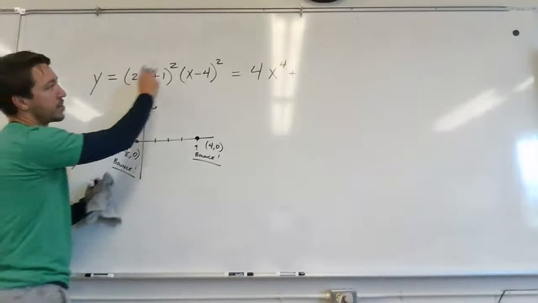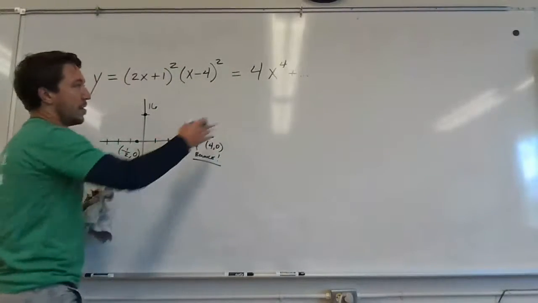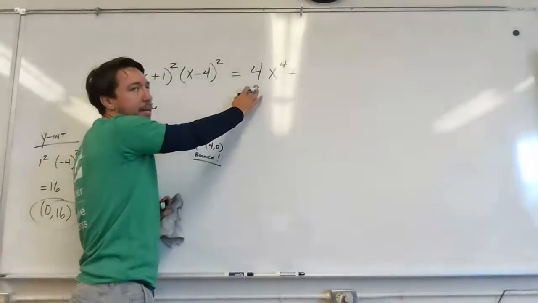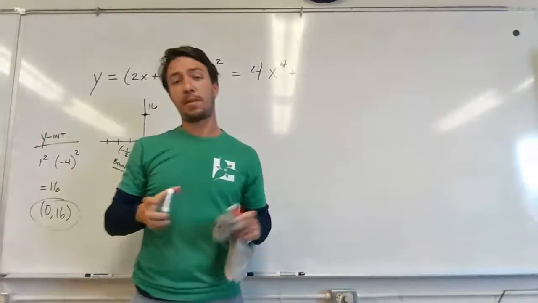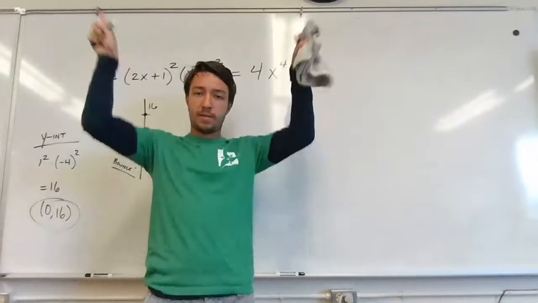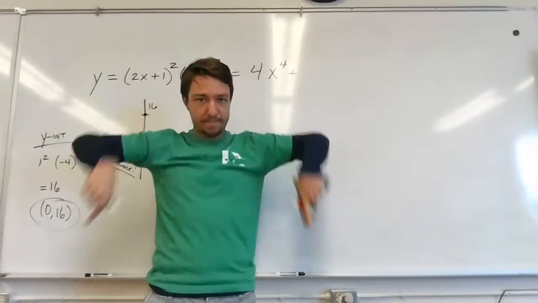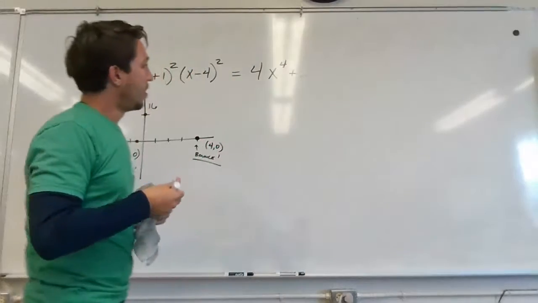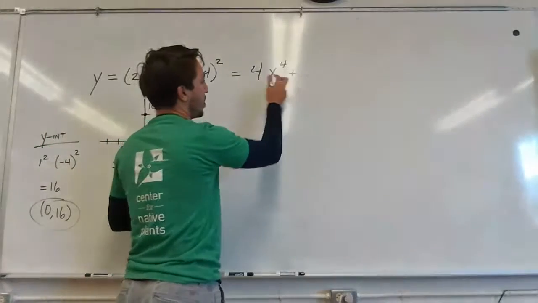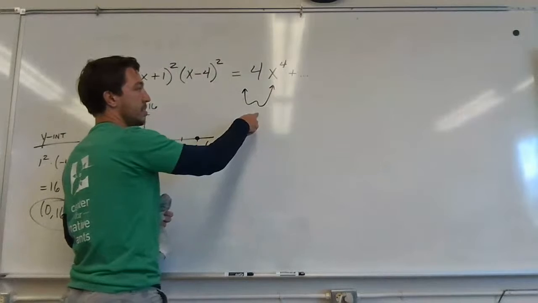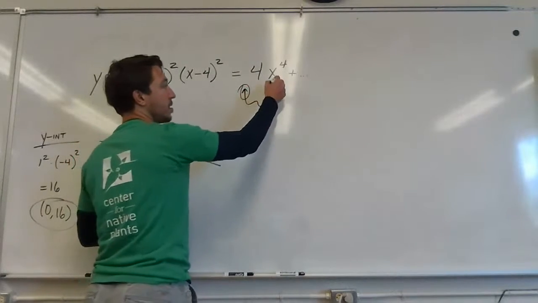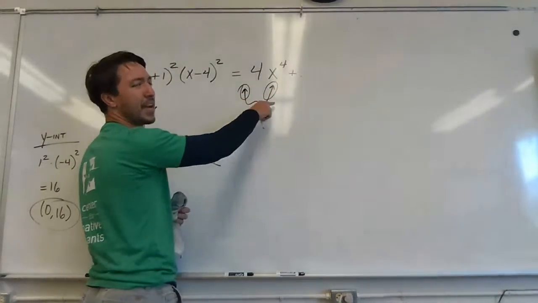You have 4x squared times x squared. Now the 4, all I care about is whether it's positive or negative. Because if that lead term is a positive x to the 4th, you get this. If it's negative, you get that. So any 4th power polynomial is going to look something like this, right? End behavior. You sure we got no questions on the end behavior thing?